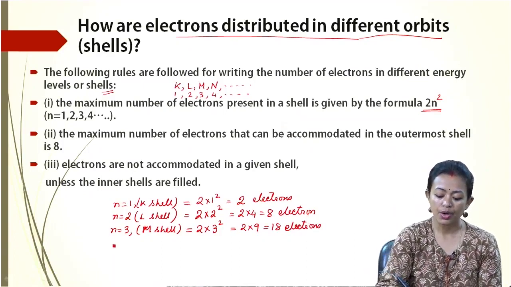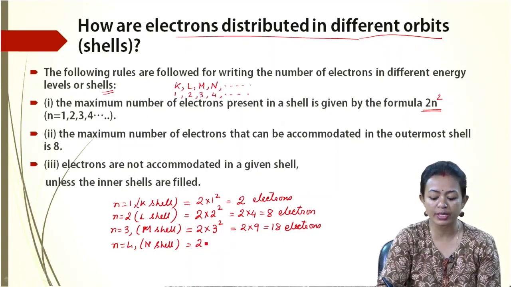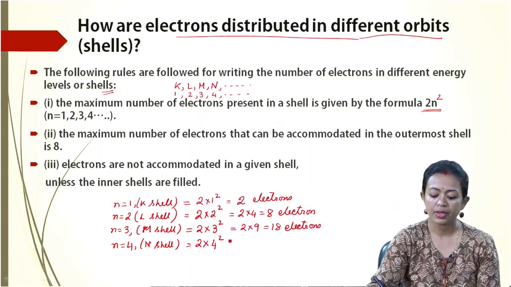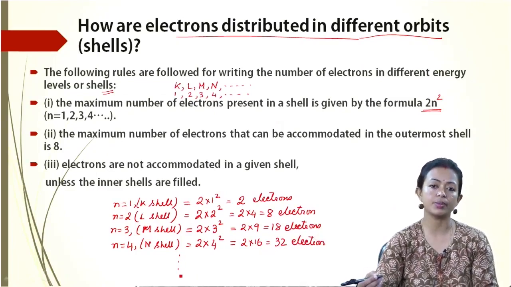Whereas the fourth one, N shell, will be again following the same formula of 2n². Here n is 4, so 2 into 4 square will be equal to 2 into 16, that is 32 electrons. And we will keep on continuing.